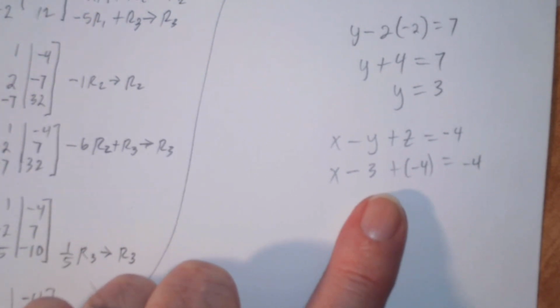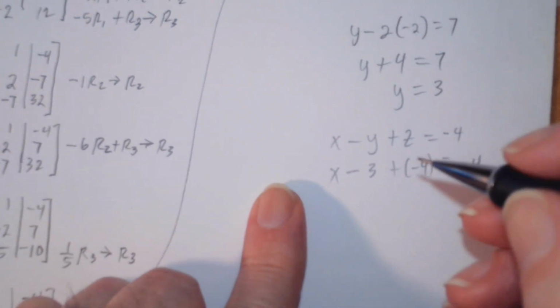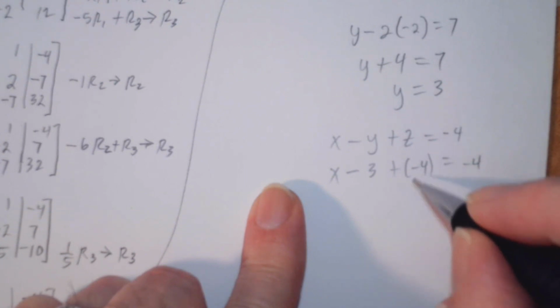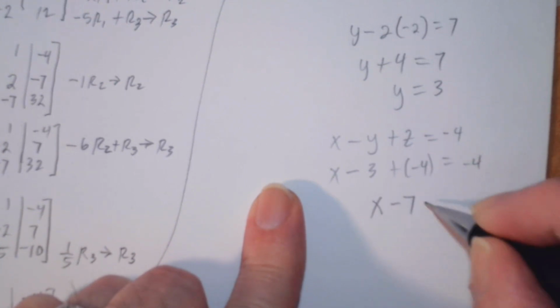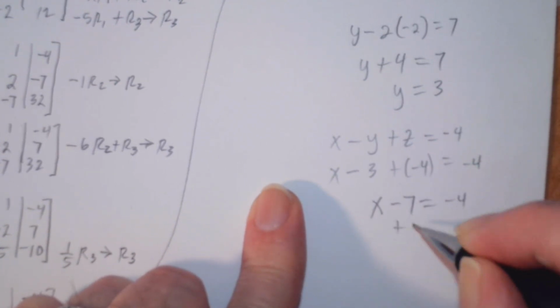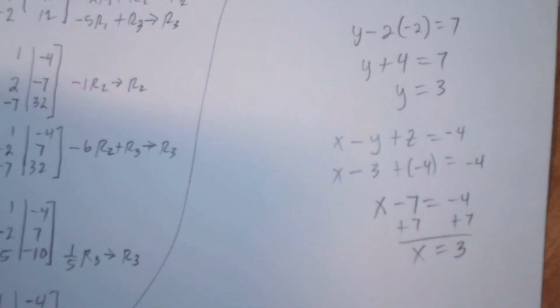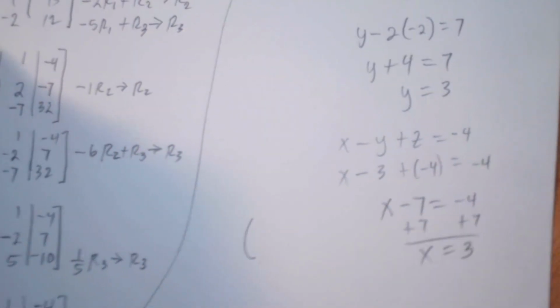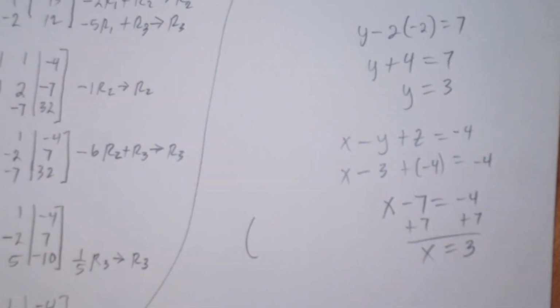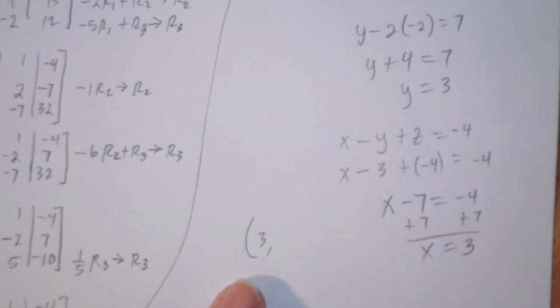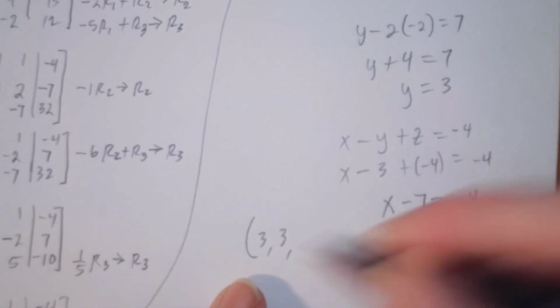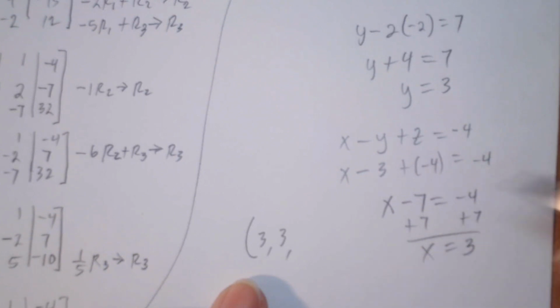And of course, -3 and a -4, this is x minus 7 is -4. We'll add 7 to both sides. We get x is 3. And so our solution is the point, let's see, x is 3, y is 3, and z is -2. And actually, it looks like I made a mistake here.